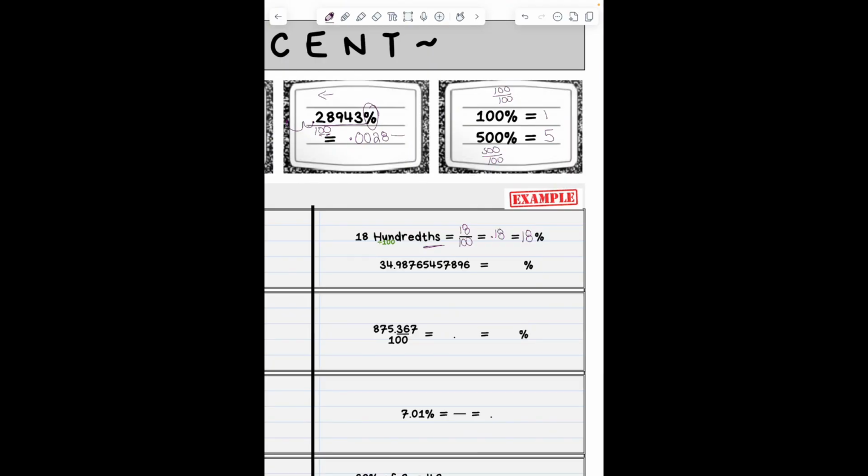So what happens if we have a decimal here, 34987? Well, remember, hundredths is another way of saying divided by 100. So we would move this way to find out what the 100 is. We have a number 34.98.